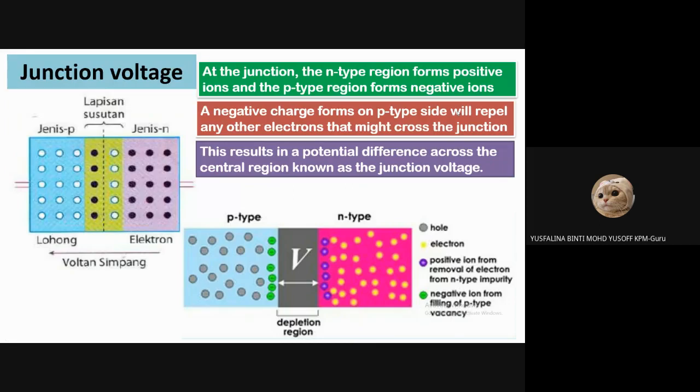Junction voltage. At the junction, in the depletion layer here, the n-type region forms positive ions, because the electrons have already moved. Remember just now I said the electrons go here and the holes go here.